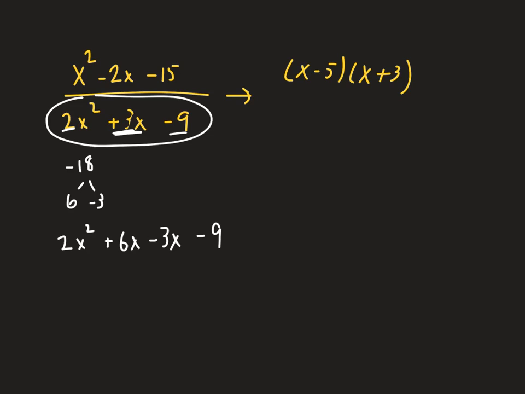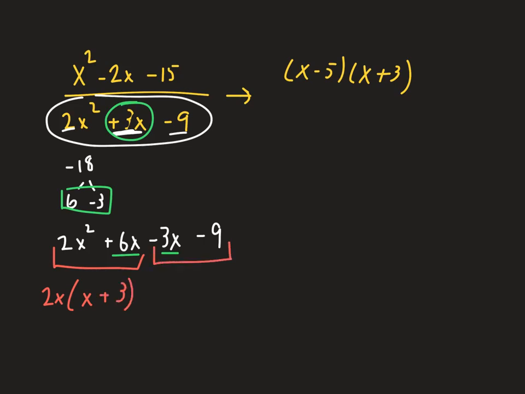If that method was a little confusing before, or it's been a while, all we did was split that up into these terms here. I found the way to split it up by doing that little a times c process. Then what we do is grouping. These first two terms share a 2x as a common factor, and we would be left with an x plus 3.